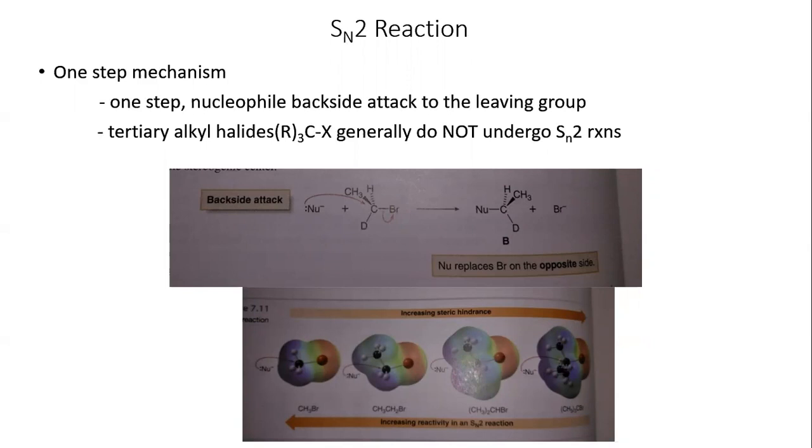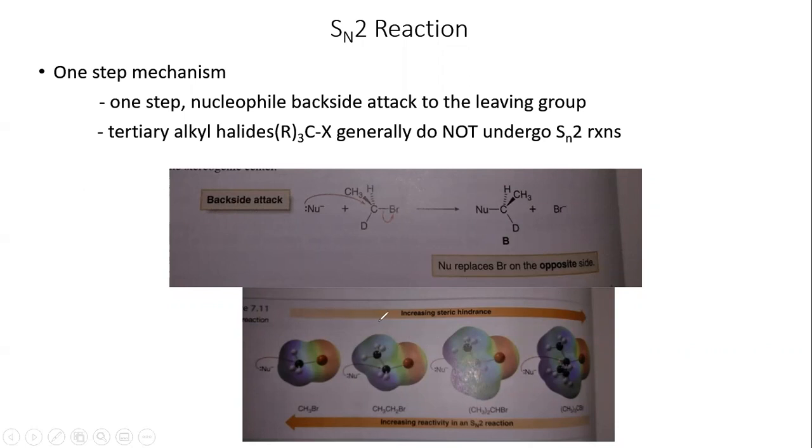But with SN2, the nucleophile performs a backside attack to where the leaving group is leaving. So as you can imagine, the more carbon groups you have attached to the carbon that is bound to the halide, the more difficult it's going to be for that nucleophile to attack.